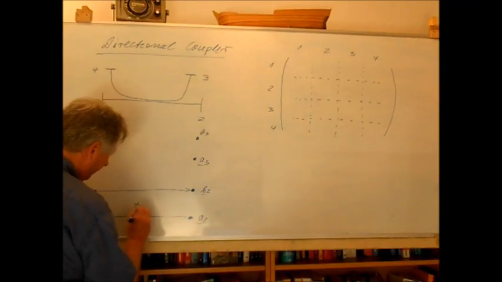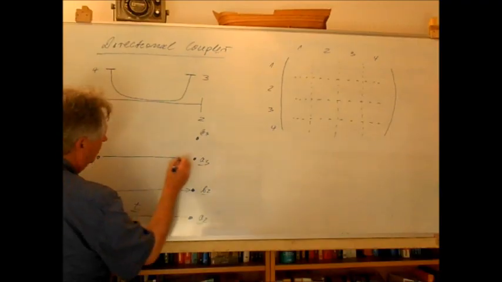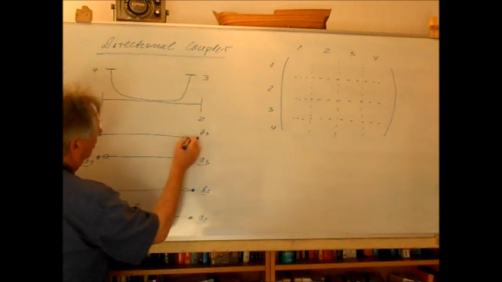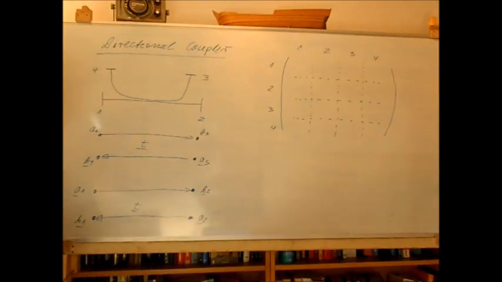So we will describe this by a so-called transmission coefficient, and we assume that the transmission from port 3 to port 4 and from port 4 to port 3 is identical, is also described by a transmission.